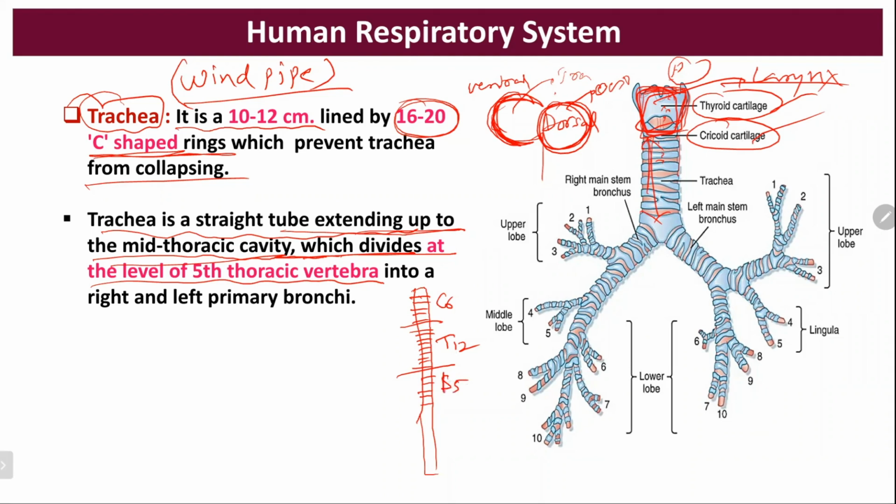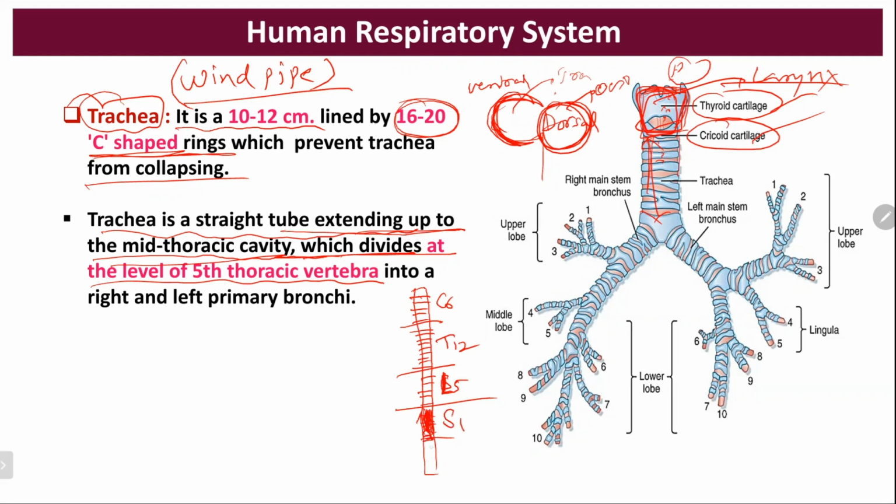So all you need to remember, 5 sacral vertebrae fuse with each other to form the sacrum.